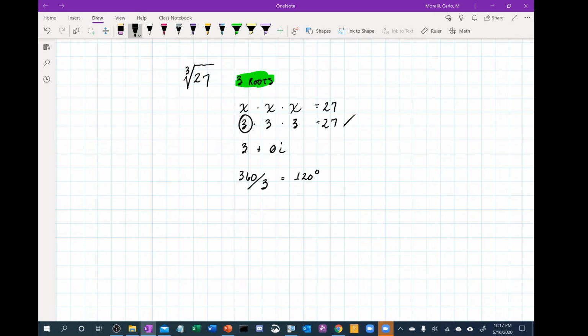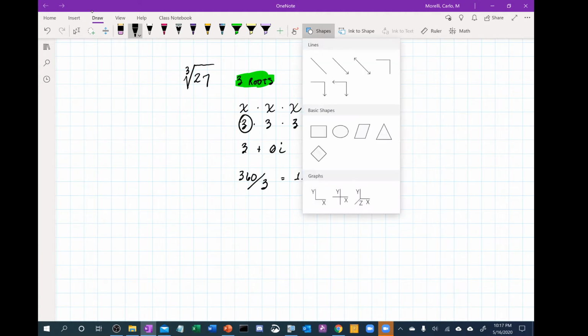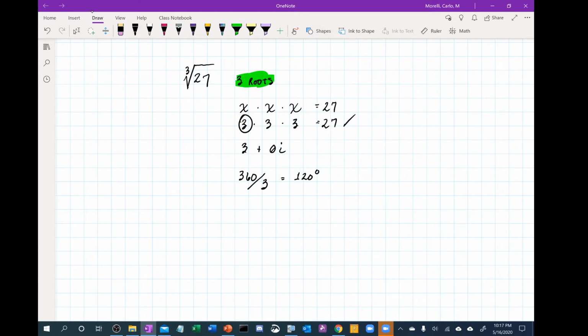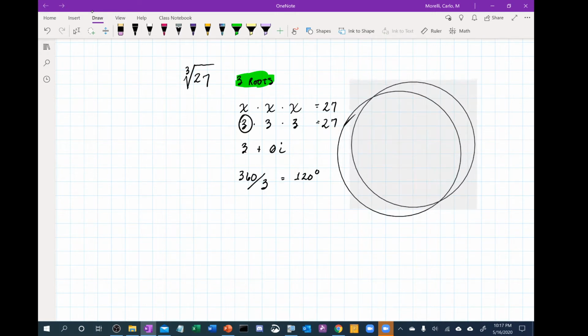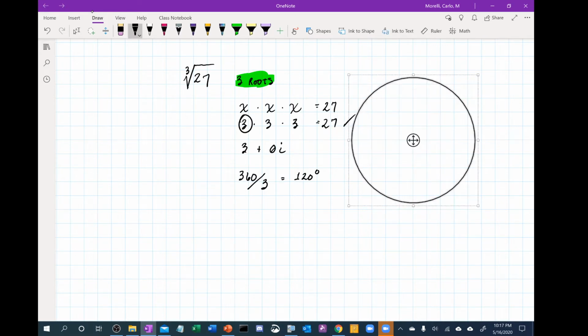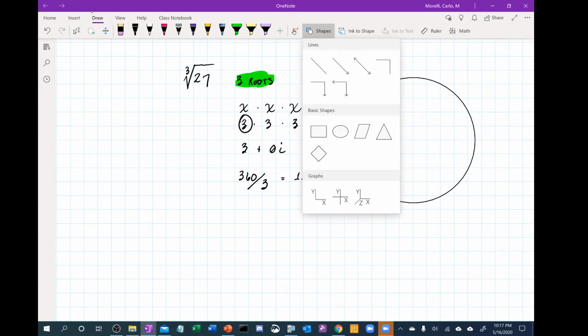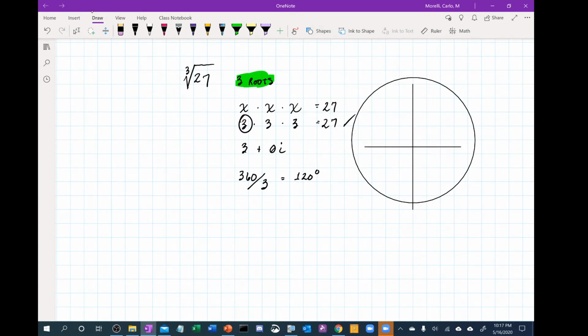from the previous root. Let's get a circle going so we can see this in action. Okay. And then let's get a graph drawn in between those 2 points. Like so. There.